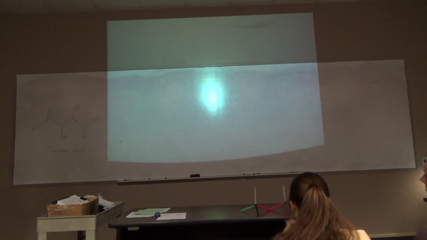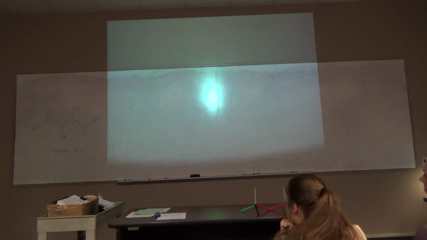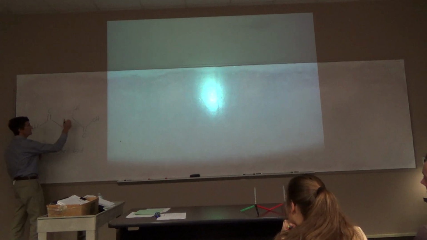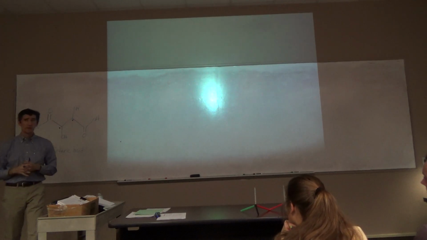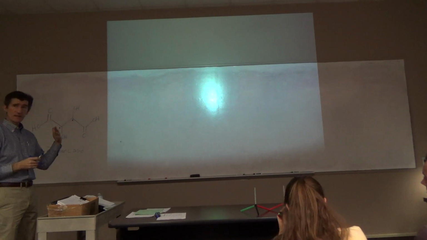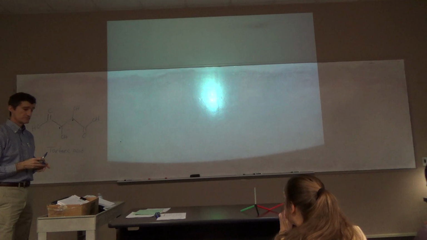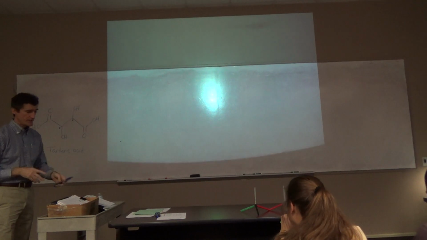Now that doesn't mean that things made in the lab versus things made in nature are not the same. They can be the same, but in this case they were not. It all comes down to the chiral carbons here. And the end story is the tartaric acid that came from nature was chiral. It's like with hands.